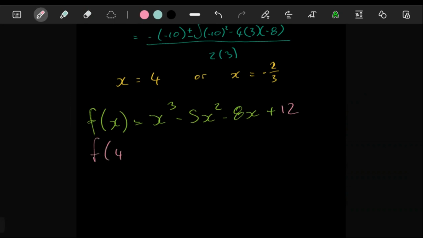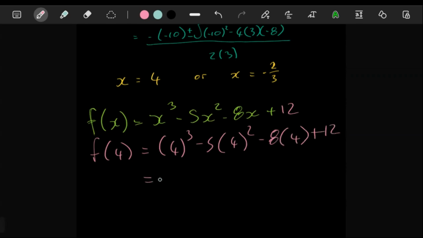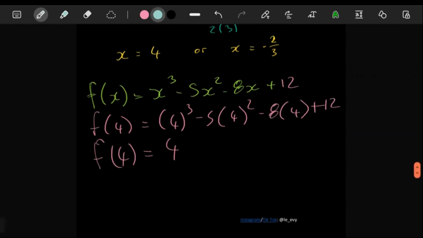So for the first x value, what's the answer? It's 4. The first x value was 4, then the second one was -2/3. What's the first answer if we put the 4 into the equation?